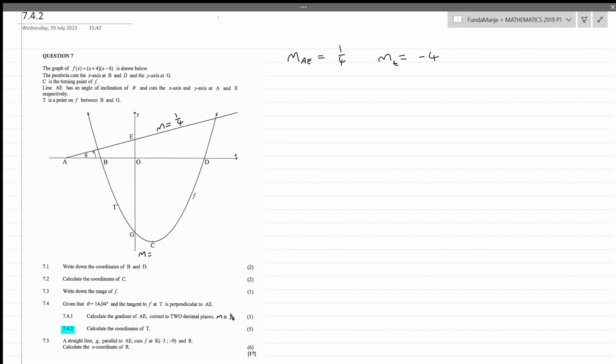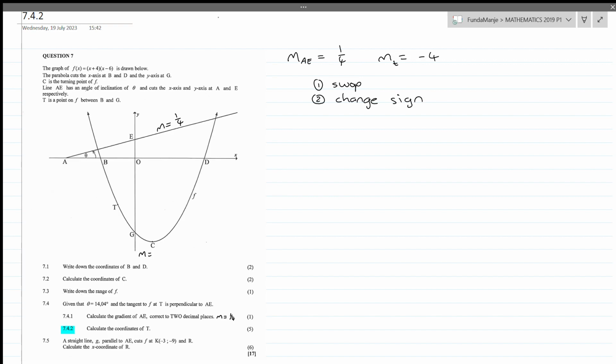This is a trick that you can use whenever you know that two lines are perpendicular and you know the gradient of the other. All that you have to do is swap the fraction, so swap the 4 and the 1, and then change the sign. If it was negative, make it a positive. If it was a positive, make it a negative.